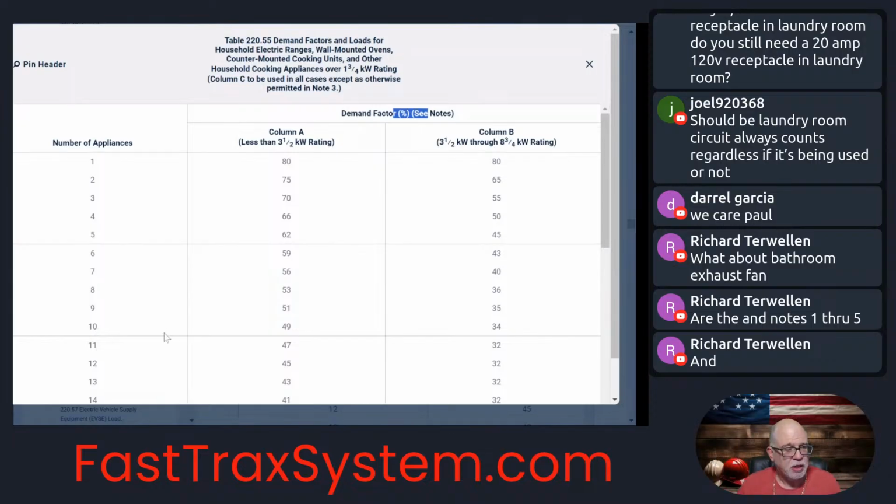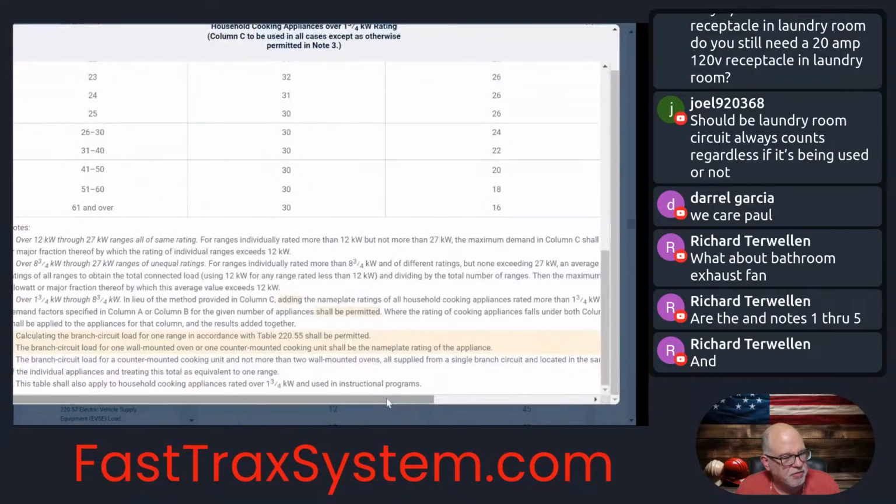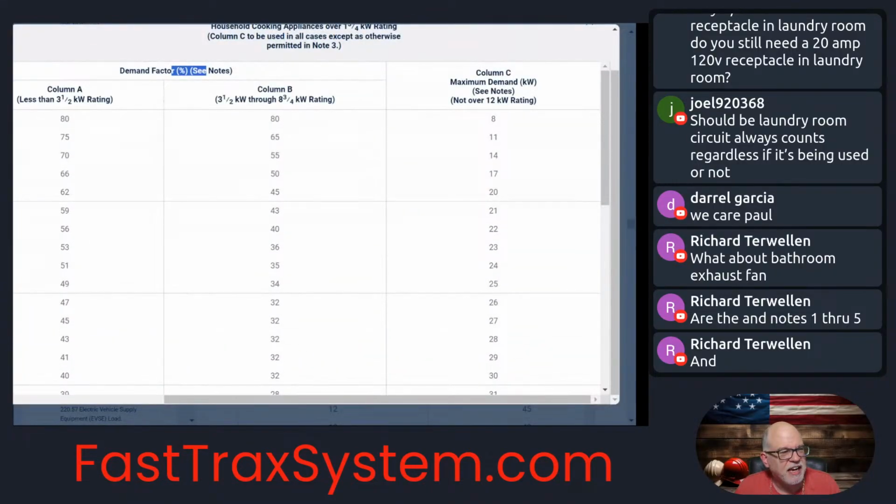Whereas column C, and I'll show it real quick, column C is an actual demand value. So this is not a percentage column. This is actual demands. And remember, it's for not over 12 kW. So if I have an 11 kW range, for example, then the value we'd use in my load calc is simply 8 kW.